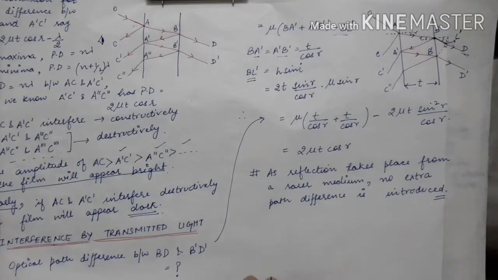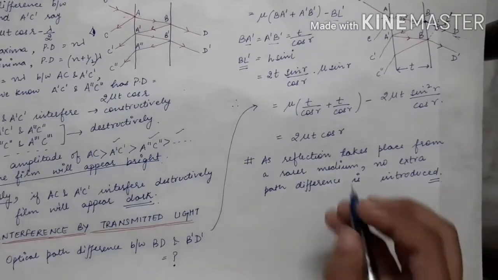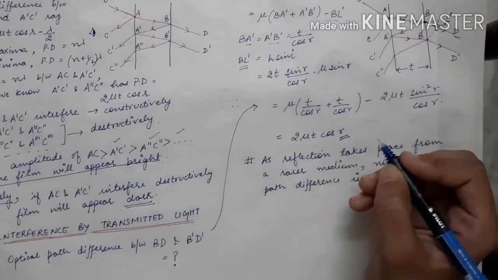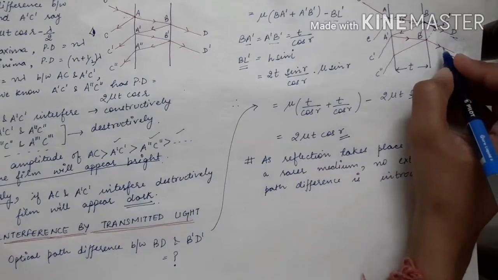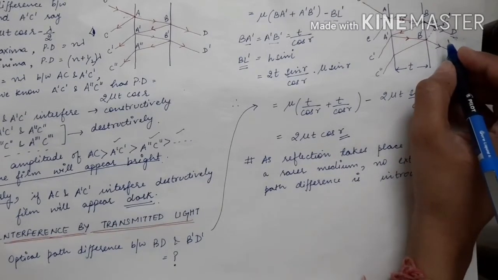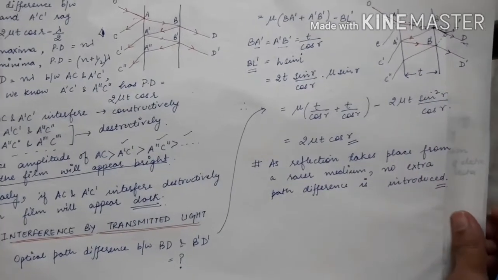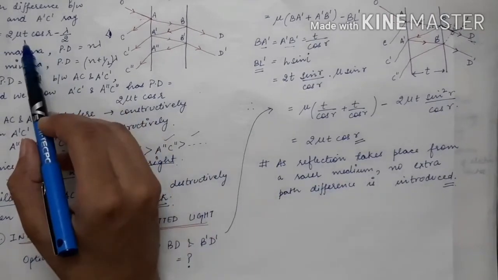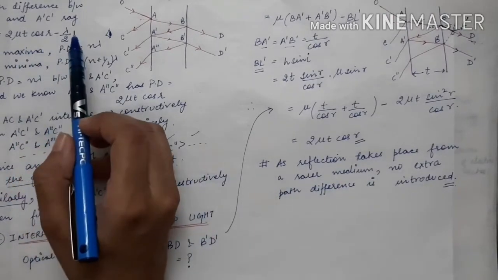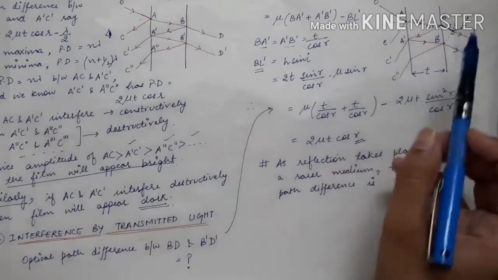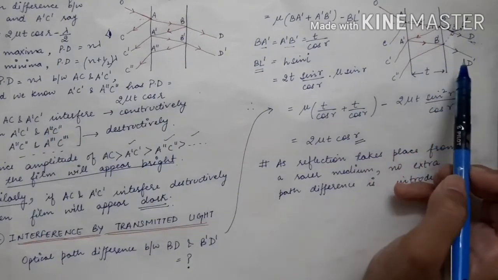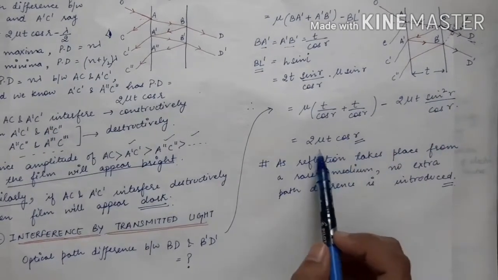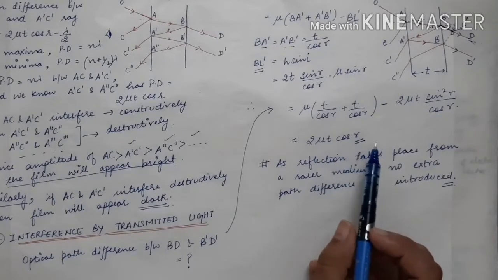Now for the type of interference. This is the optical path difference between the first two transmitted rays, and the optical path difference between the first two reflected rays was equal to 2 mu t cos r minus lambda by 2, whereas the optical path difference between the first two transmitted rays comes out to be just 2 mu t cos r.